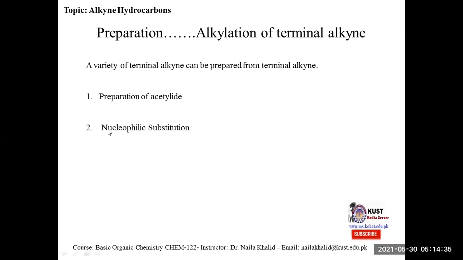Preparation of acetylide and nucleophilic substitution. Here on screen, you can see the two steps which are used in this preparation. The first step is preparation of acetylide, and the second step is nucleophilic substitution.